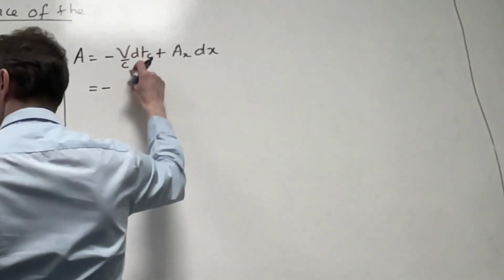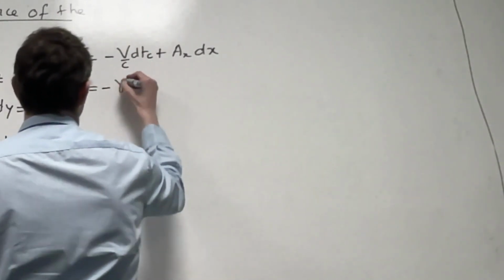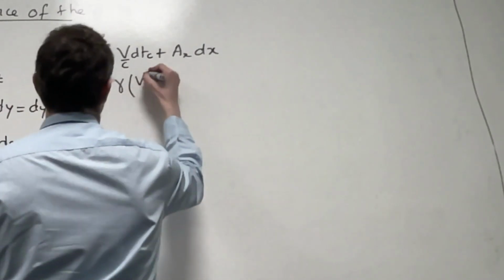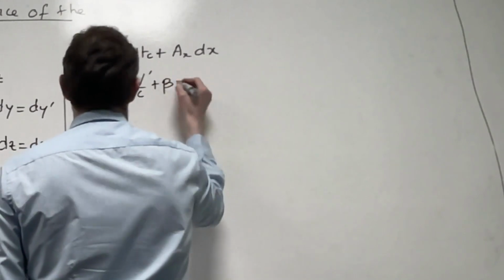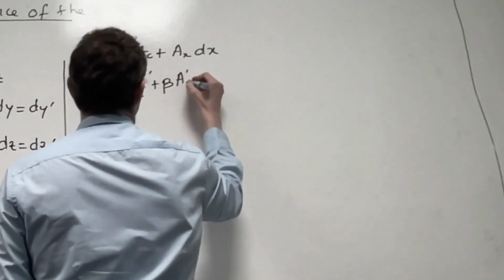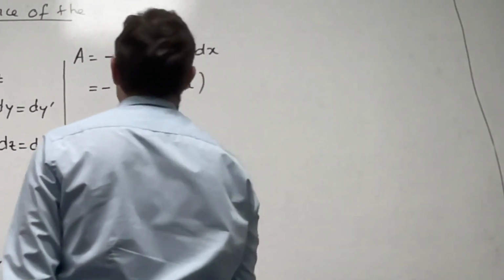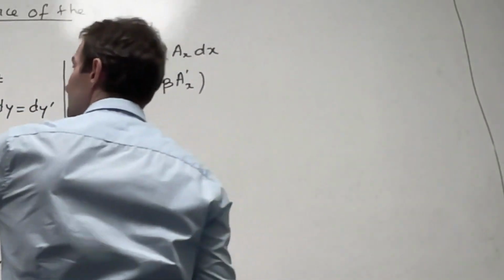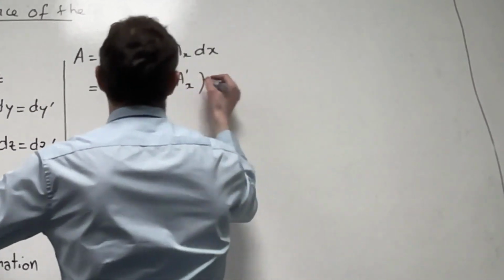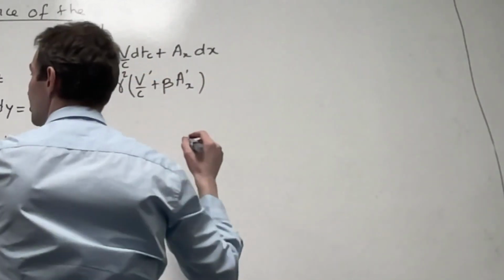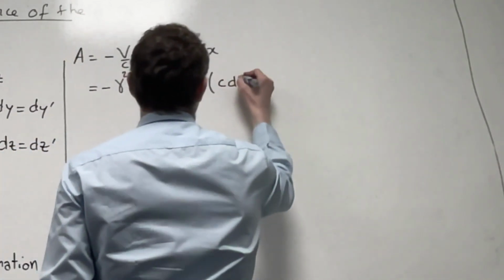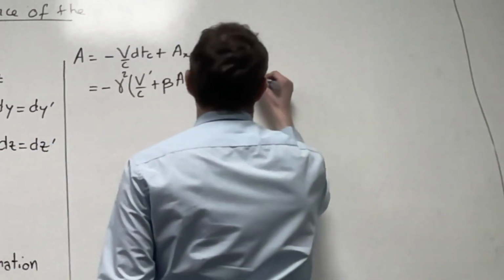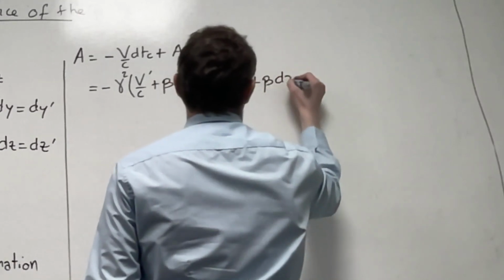So V over c is equal to gamma, and then we've got V prime over c, and then plus beta A prime x. Okay. And that's times c dt. And c dt is here. So that's times gamma, so that's going to be a gamma squared. And then I've got c dt prime, and then plus beta dx prime.